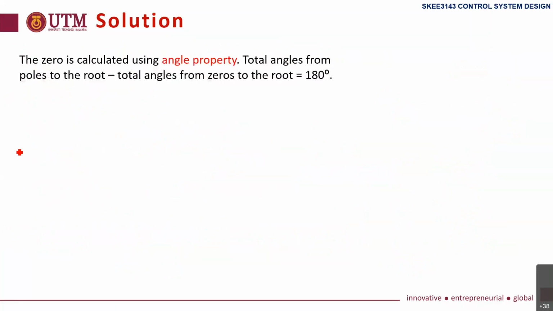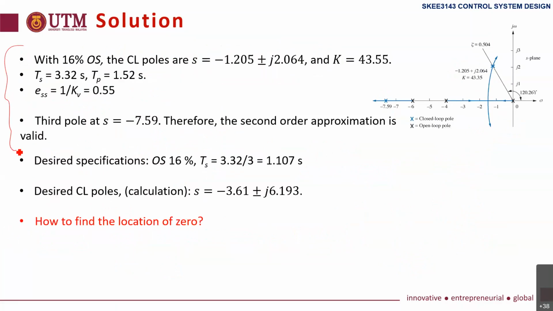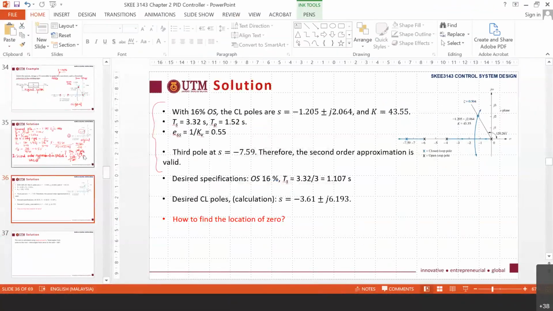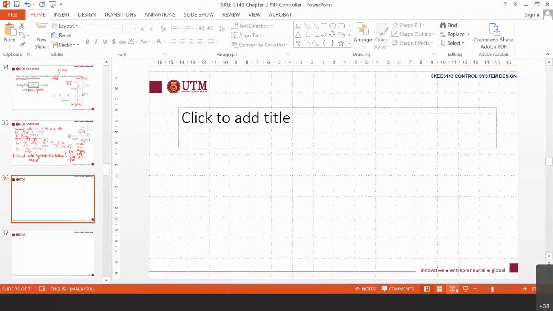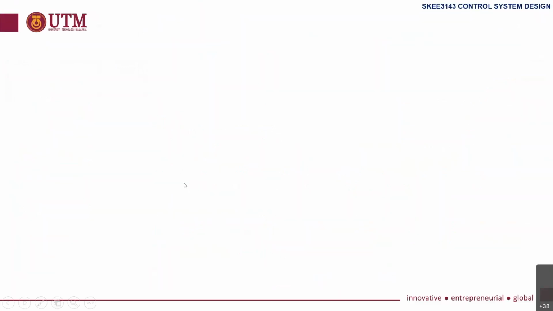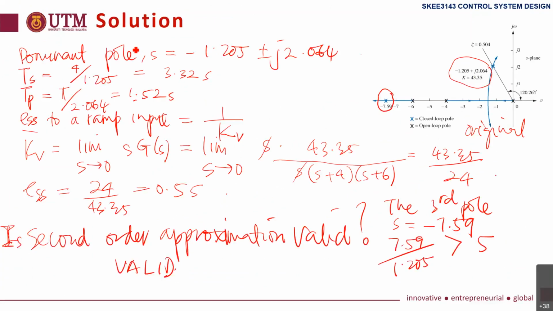Now we want to move into designing the PD controller. Our original TS is 3.32 seconds, obtained from here.